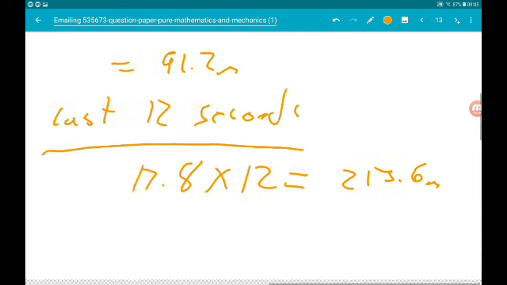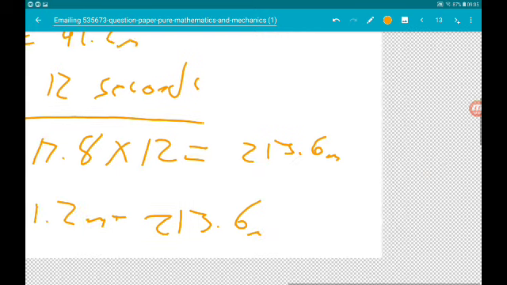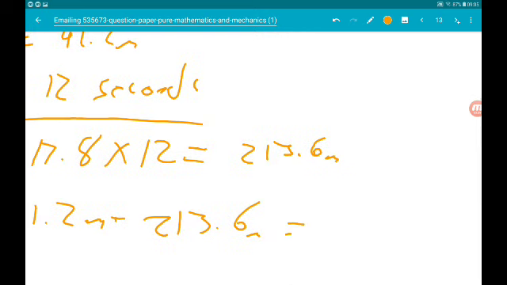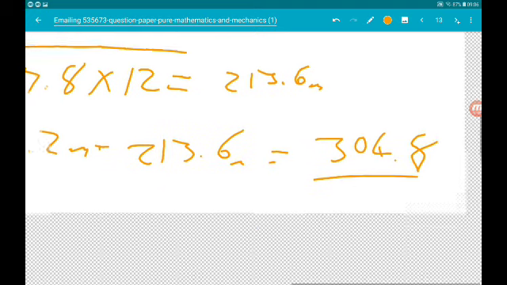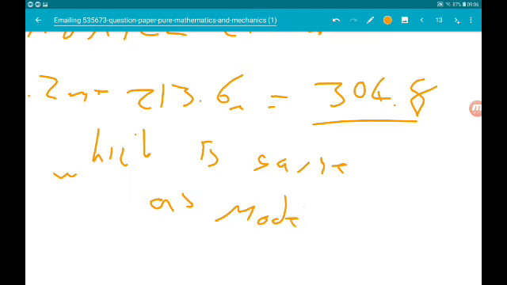So altogether 91.2 add 213.6 gives us again 304.8, which is the same as model A. Boom. And with that guys, paper done.